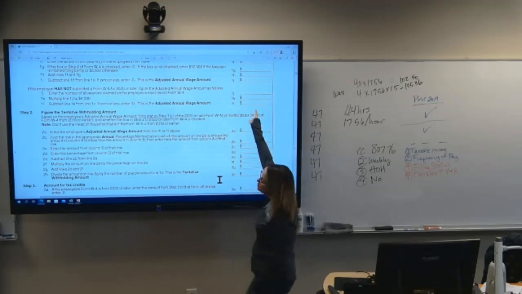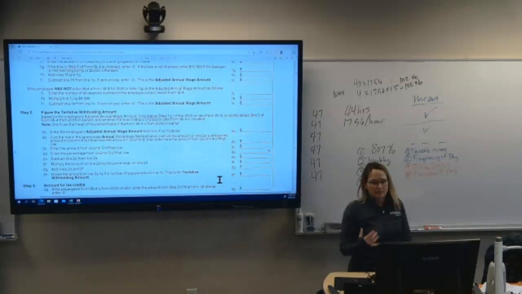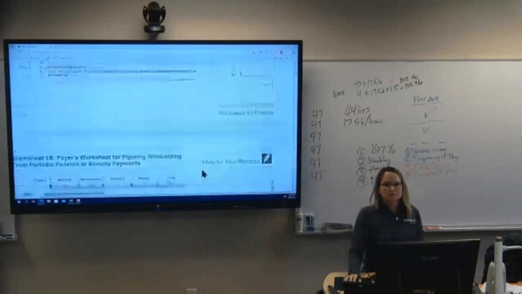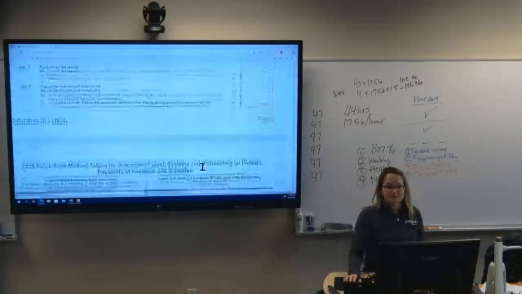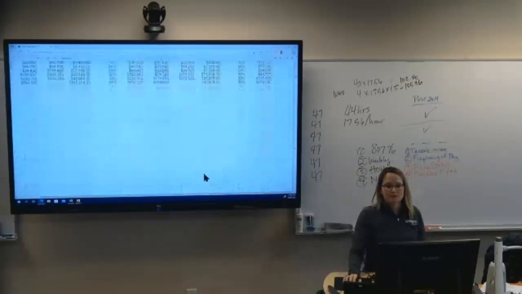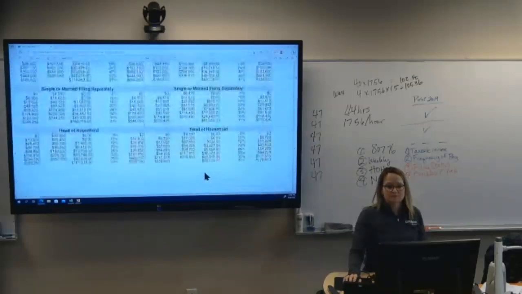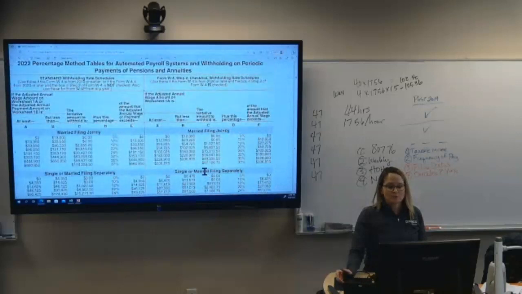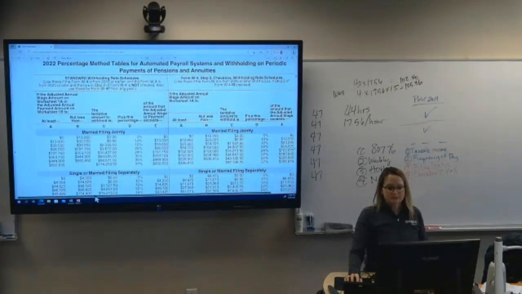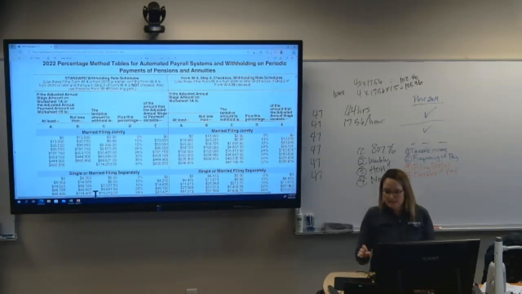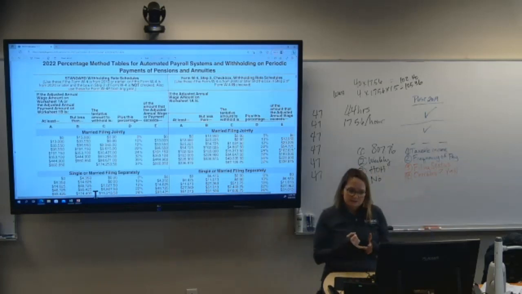Okay. So once we've got that number, then we are going to use some tables down here. And oh my goodness, look at all those numbers. We're going to figure out what our tentative withholding is. When I say tentative withholding, that means we haven't calculated yet anything that might be in boxes on lines 3 or 4 on the W-4.